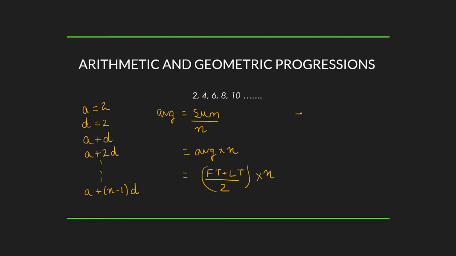So we have first term as a and last term is a plus (n minus 1) into d. Taking the 2 outside, we have n by 2 here. So the sum is given by n by 2 into (2a plus (n minus 1) into d).